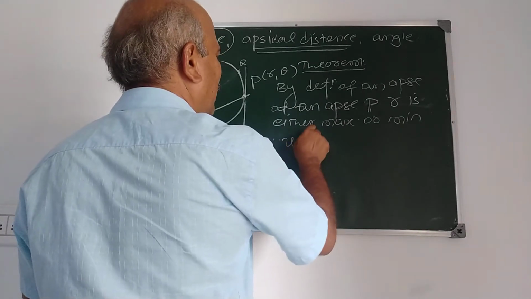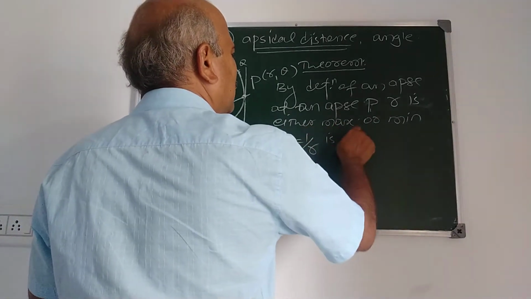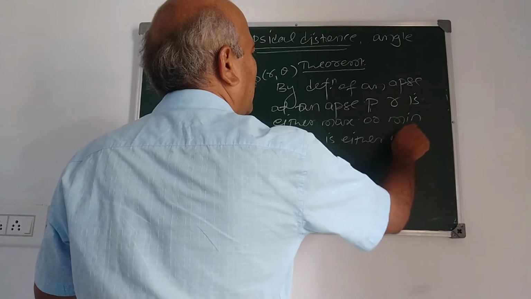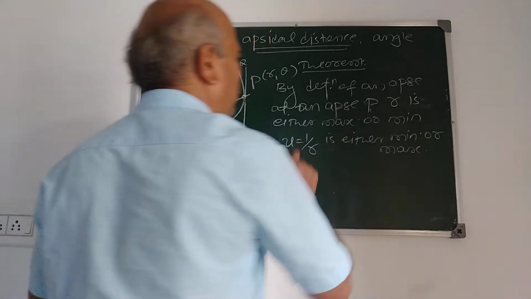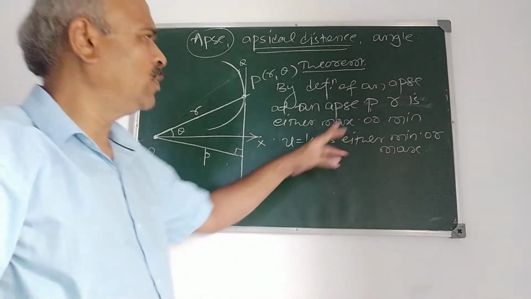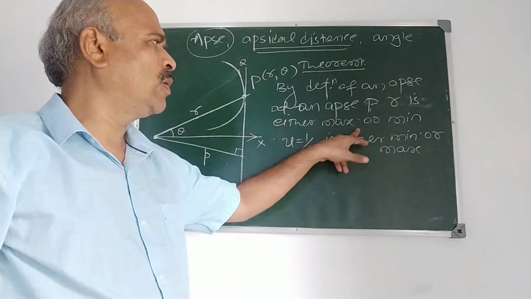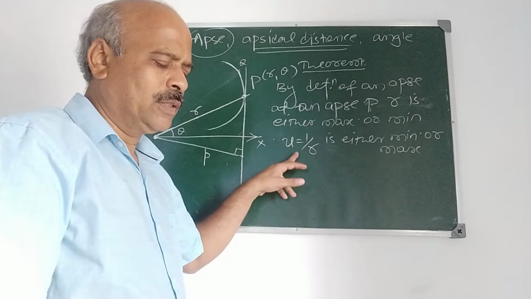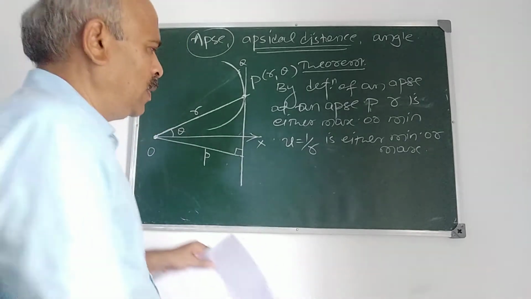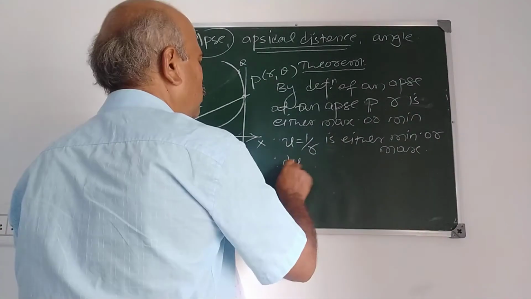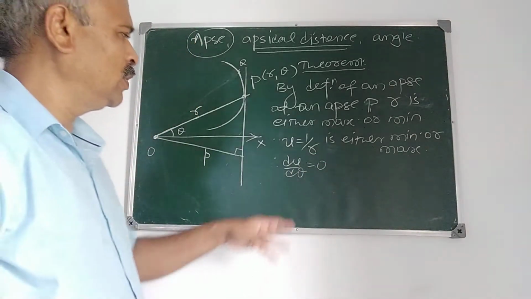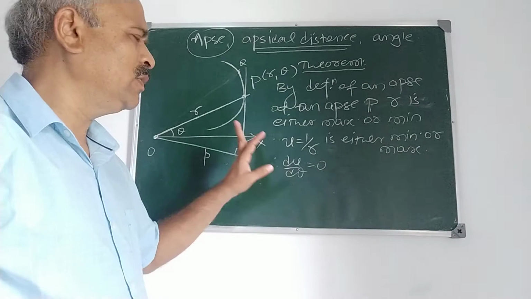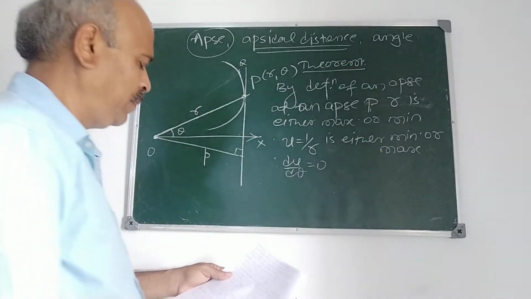Therefore, u equals 1 upon r is either minimum or maximum, because u is the reciprocal of r. Therefore, if r is either maximum or minimum, then u is minimum or maximum. Therefore, du by d theta is 0, because you know that by using derivatives, the first derivative is 0 at the maximum or minimum.